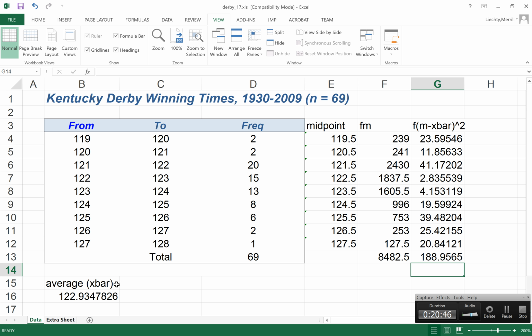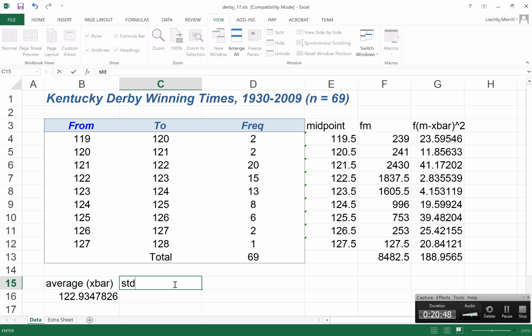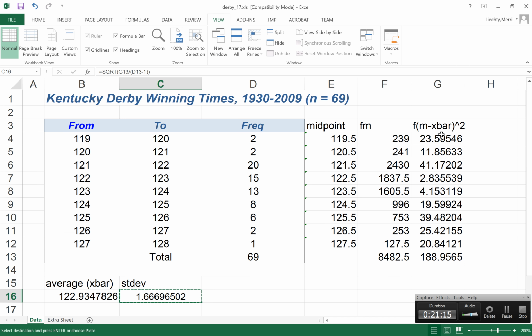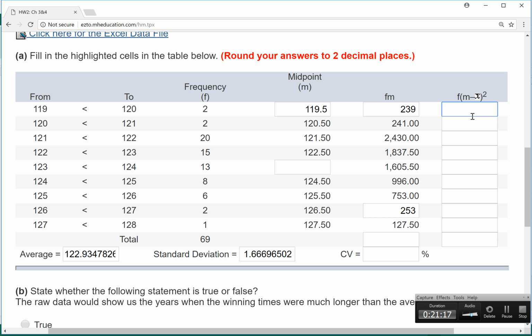Okay, so to get the standard deviation, I'm going to take the square root of this number divided by the quantity 69 minus 1, and we get a standard deviation of 1.66 something. All right, now I'm gonna put one of these in here. I'm not gonna copy them all in. We'll just check our work and see how we did.